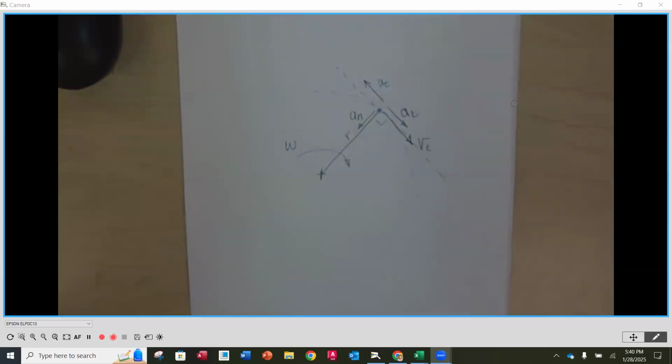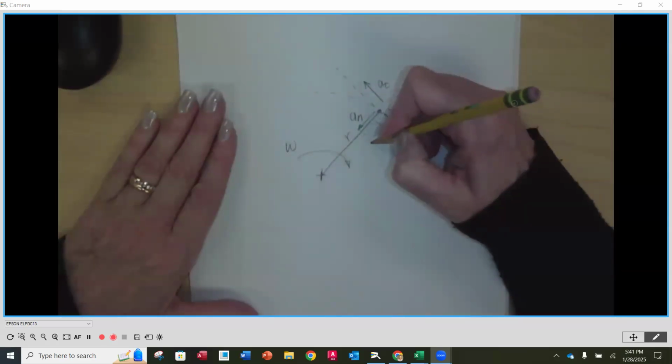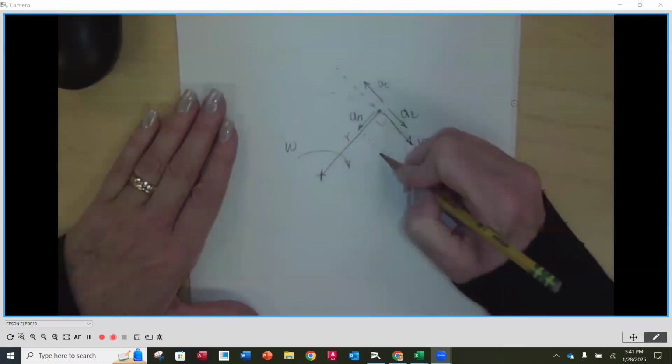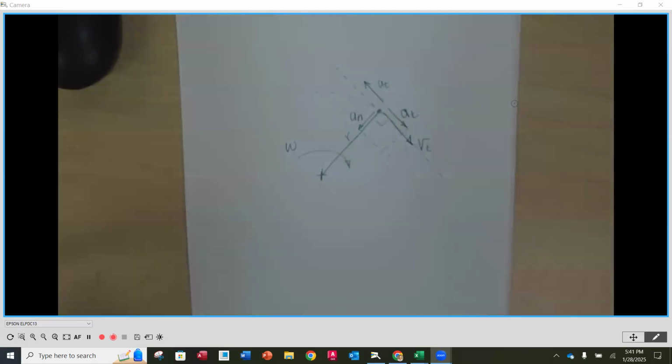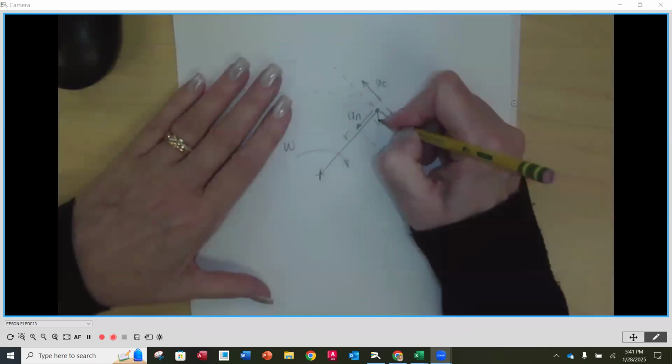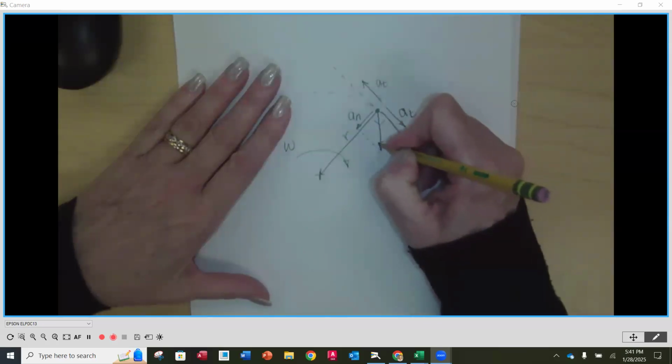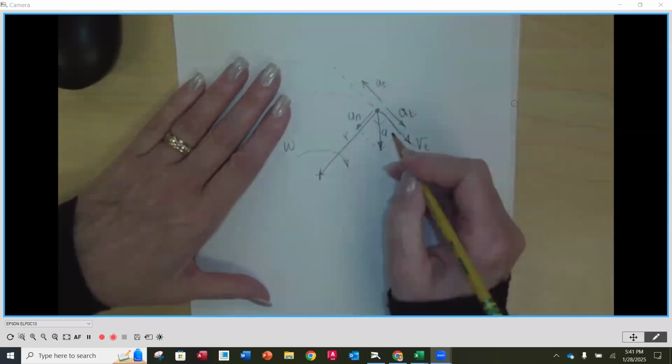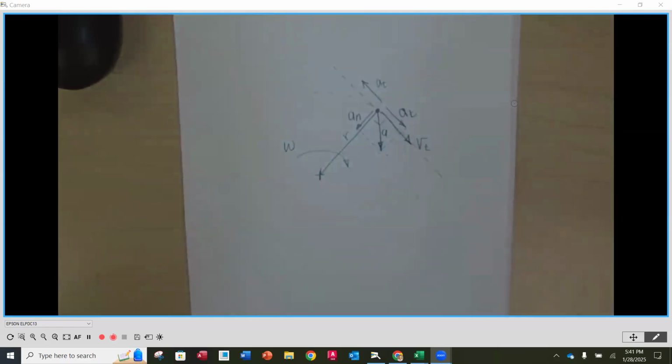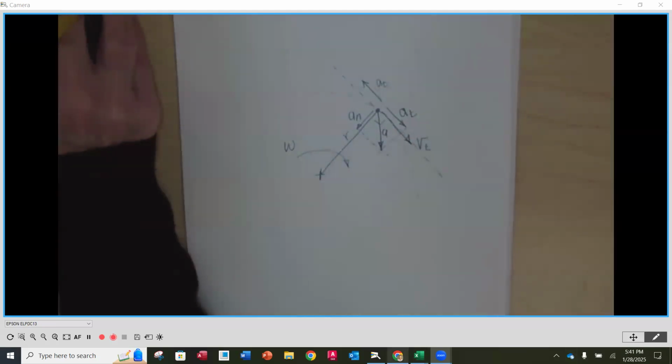Now, the total acceleration is going to be the resultant of those two components that are 90 degrees to one another. So if we draw our little construction lines, from that point of application, this is going to be the total acceleration. And we can find the magnitude through Pythagorean's theorem, and that's what we see on that previous slide.